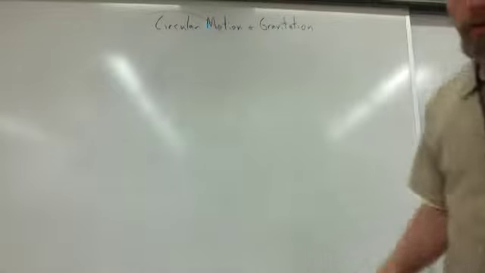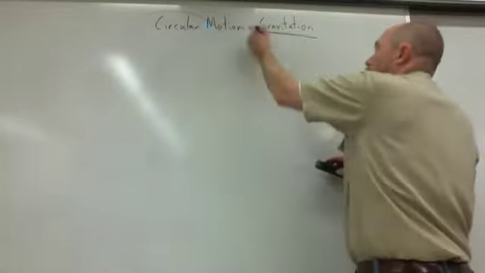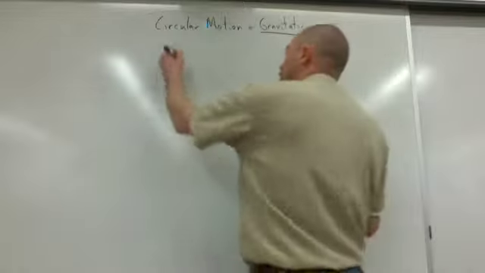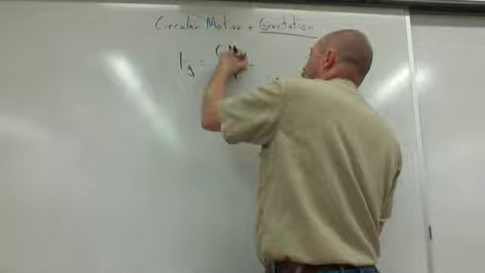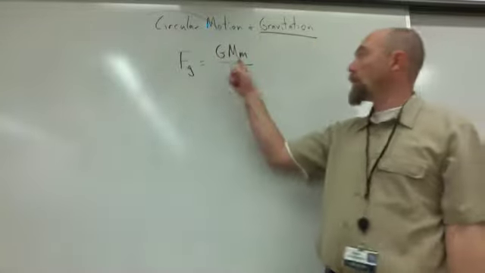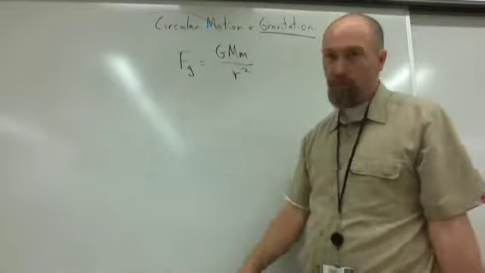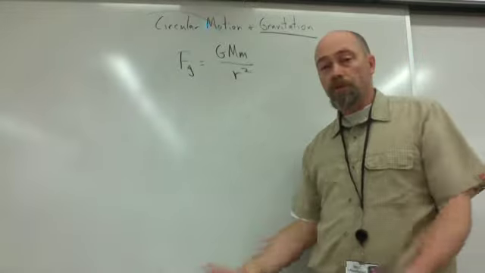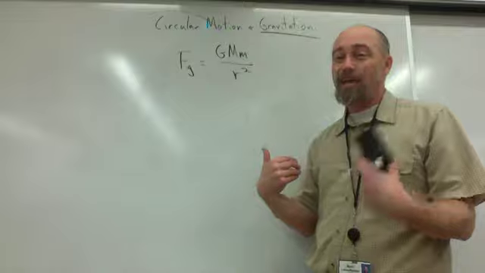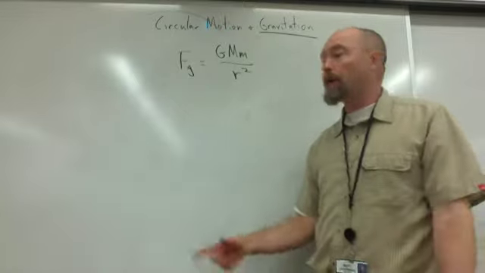All right, that was the beginning part of the unit. The second part of the unit was universal law of gravity, which was Fg equals GMm over r squared. Again, I typically write it big M, little m, because most of the time you're going to have a big M and a little m. For example, the force of gravity from the Earth right now is acting on me with a force of about 180 pounds.